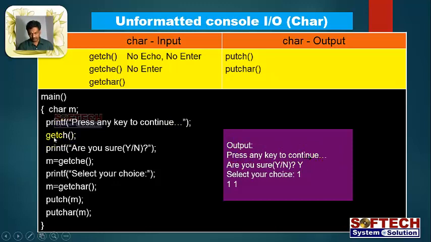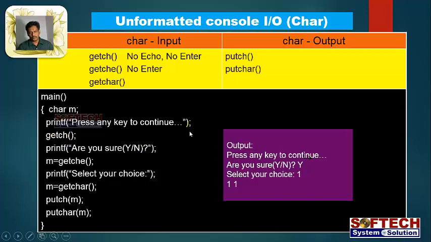The getch is one kind of unformatted character input. So the cursor waits after "press any key to continue". The getch function waits to get a character from the keyboard.